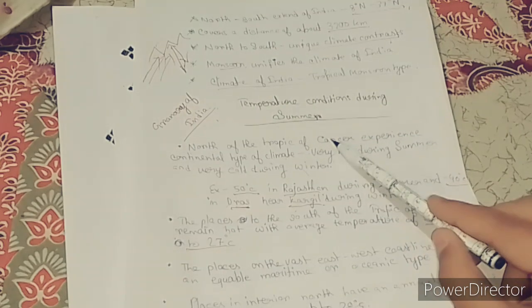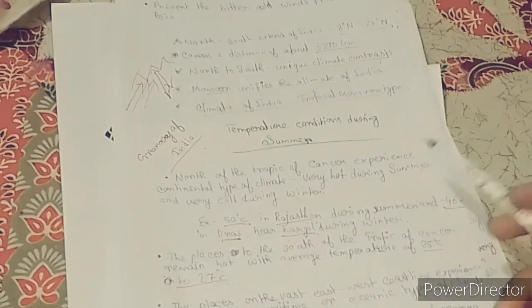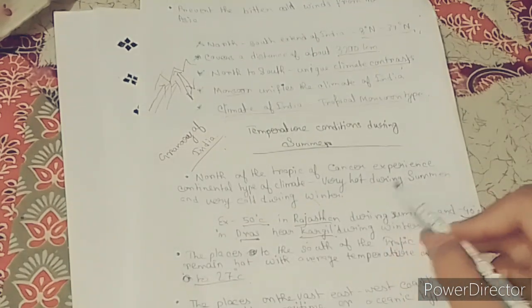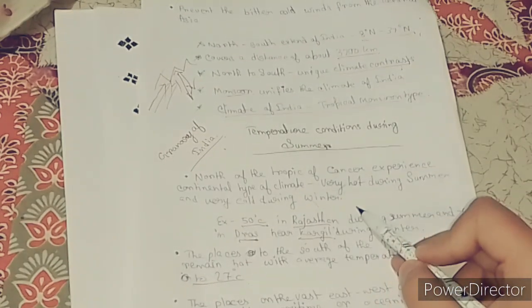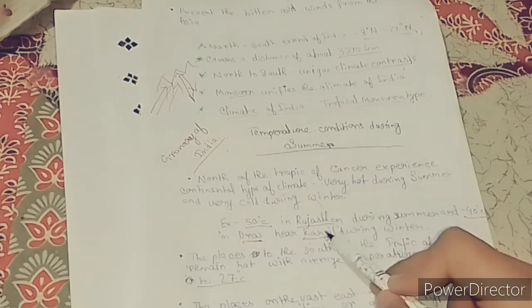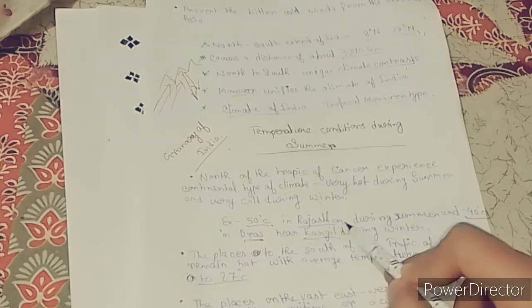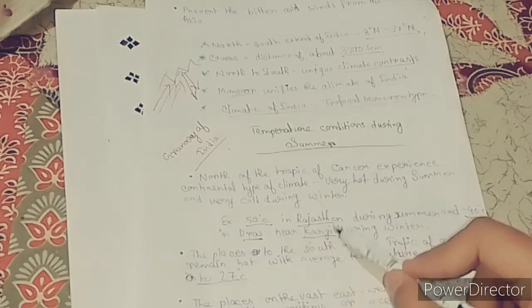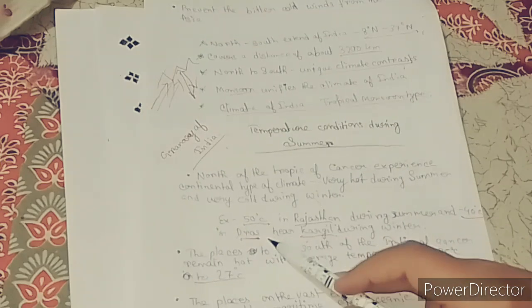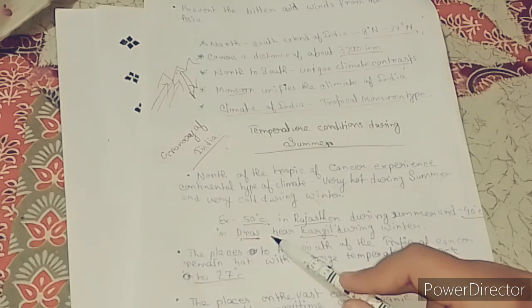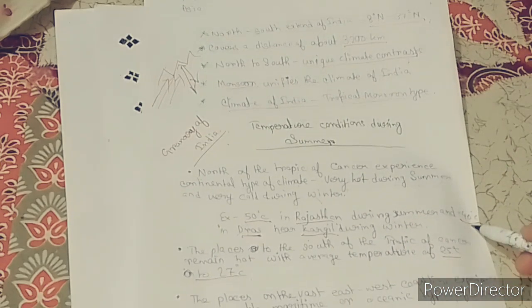North of the Tropic of Cancer, the temperate zone has a continental type of climate. And what is the meaning of continental type of climate? It is very hot during summer and very cold during winter. We gave one example: in Rajasthan during summer it is 50 degrees centigrade, and at Kargil and Dras during winter it is minus 40 degrees centigrade.